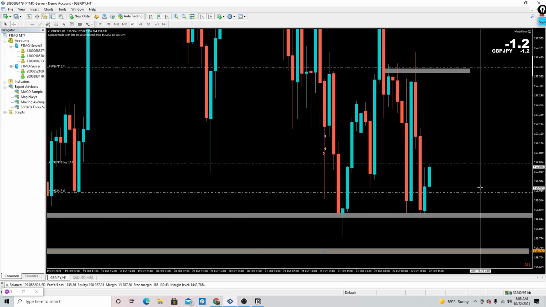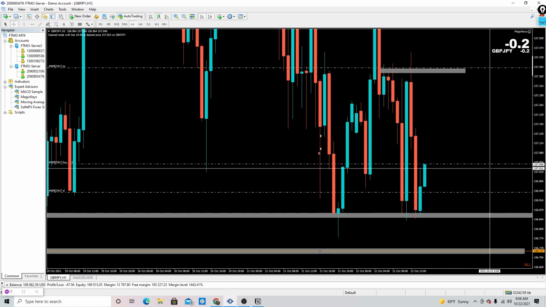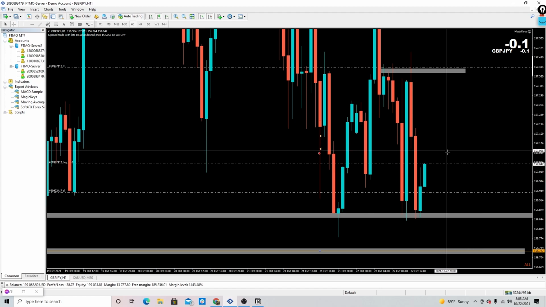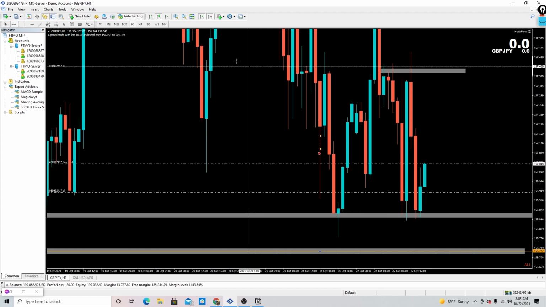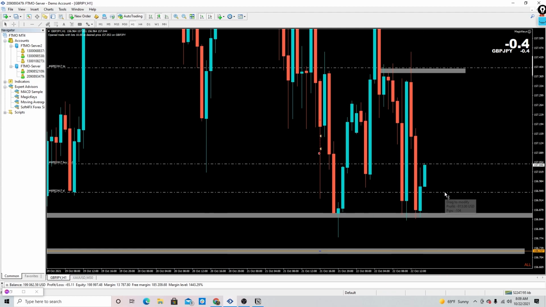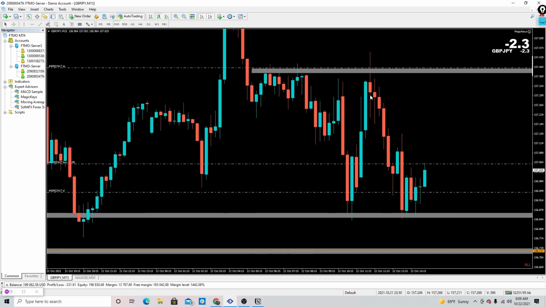Alrighty, guys. As you can see here, we are currently in a buy on GBP JPY. It currently broke the high and has clean range to the left hand side. So now we just have to wait and let it play out, honestly. I feel like we could manage this on the 15-minute, perhaps.